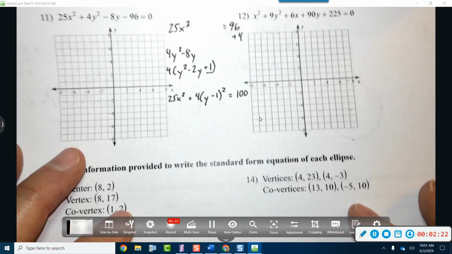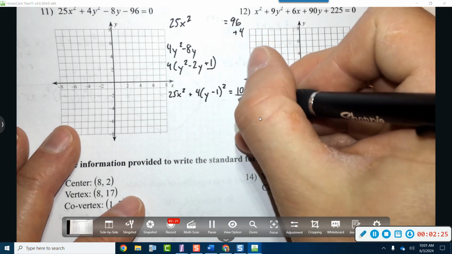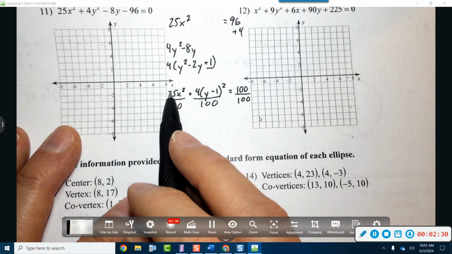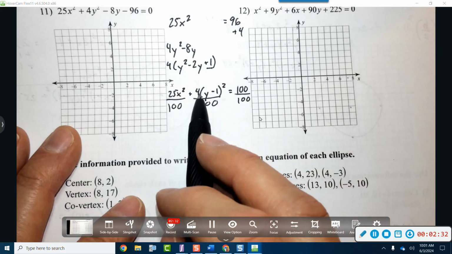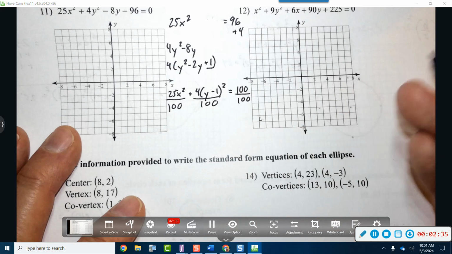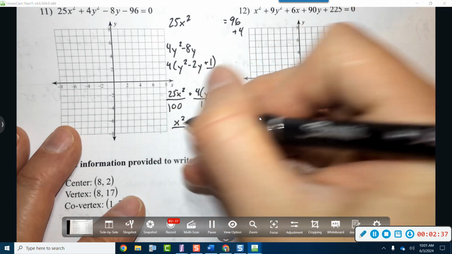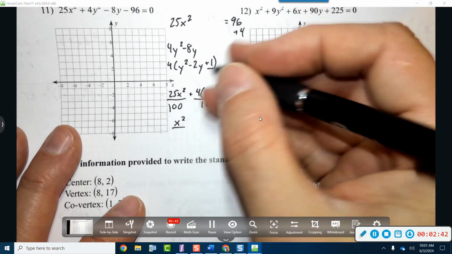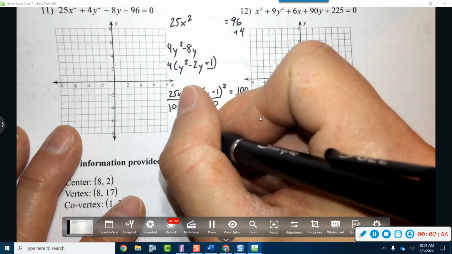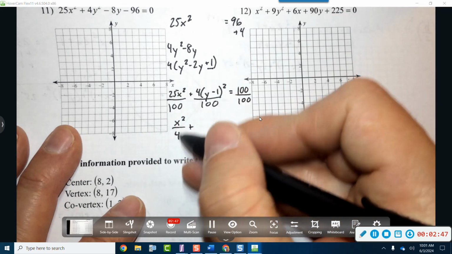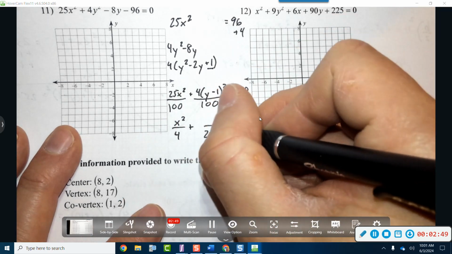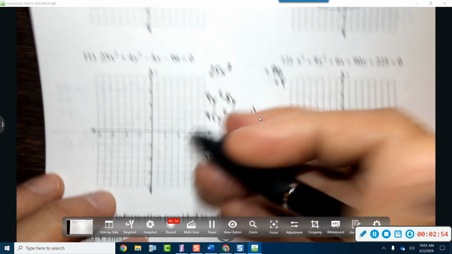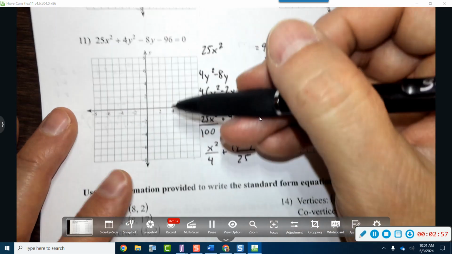All right, now so far we don't have any fraction bars. We're not going to have any fraction bars until we do this. It's pretty much common practice to see that these guys will always multiply to get that, and they're usually perfect squares. That's just because you're going to graph this stuff by hand. You just want it easy. You just want to kind of show that you understand what's going on. That's going to put a 4 underneath the x, and it will put a 25 underneath the y, which means this guy's going to be kind of a vertical ellipse.